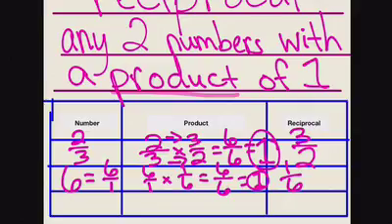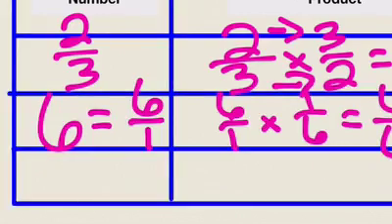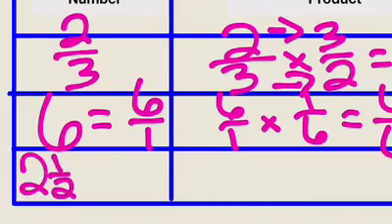Let's try one more. Let's say you were given the mixed number 2 and 1/2. First, change that mixed number to an improper fraction using MAD. Remember, multiply, add, denominator. 2 times 2 is 4. 4 plus 1 is 5. And our denominator stays the same at 2.